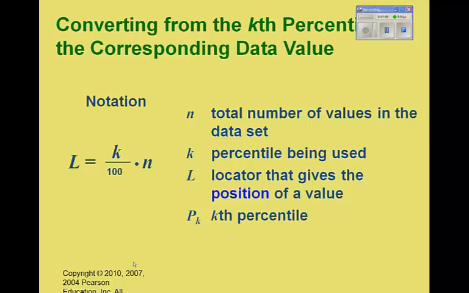It's not much harder than what we did. You can use the formula and go backwards. You could say, okay, what is the 70th percentile? Which data point does that correspond to? And this will walk you through it. This is in the book, so I am going to move on. But it's L equals K over 100 times N. That's not that bad.